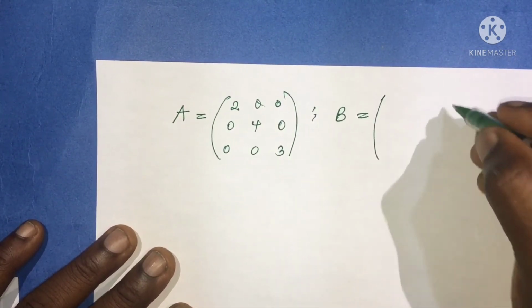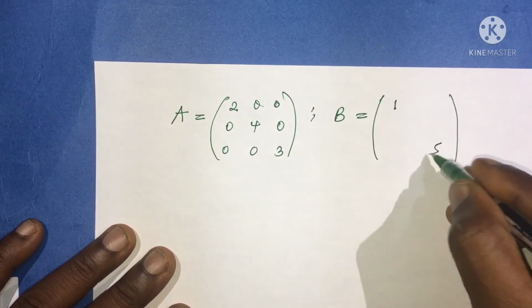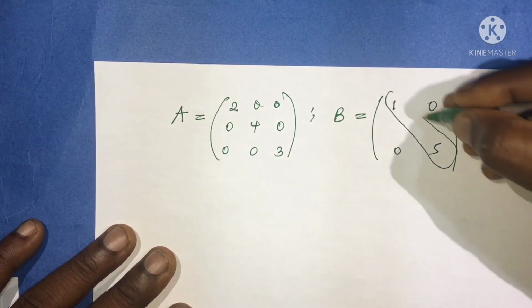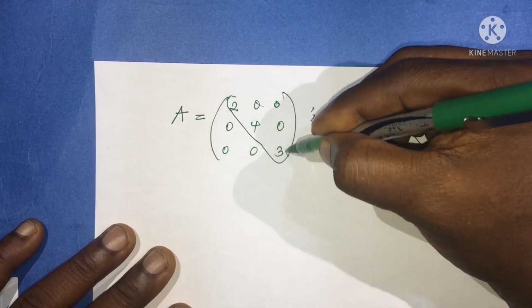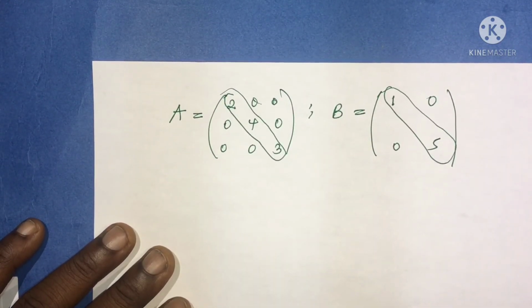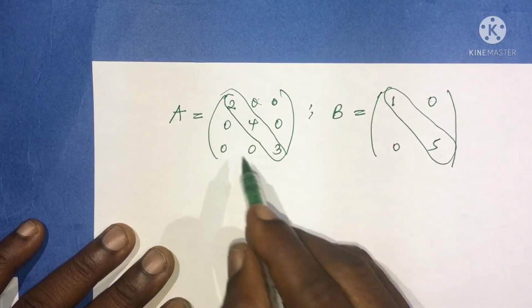This is also a diagonal matrix, 1, 5, 0, 0. This is a diagonal matrix. Again, notice, not zeros. These are the principal diagonal elements. They are not zeros, but the off-diagonal elements are zeros. These are the off-diagonal elements. They are zeros. Off-diagonal elements are zeros.